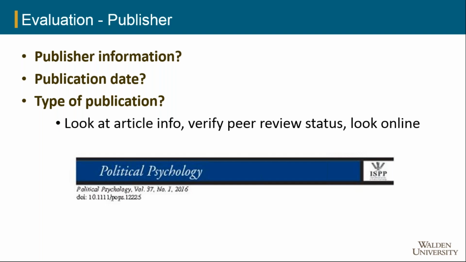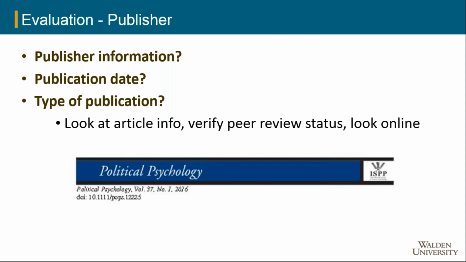And then we also want to think about what kind of publication this is. I mentioned popular scientific magazines that are talking about dinosaurs with feathers. There are other types of publications out there. Some of them are popular sources, meaning not that everyone's reading them, but that they're intended for a general audience.